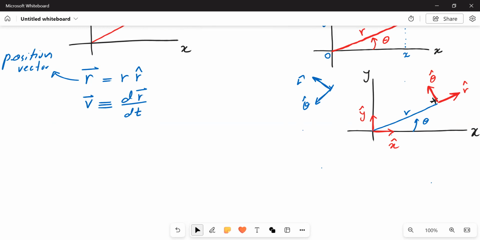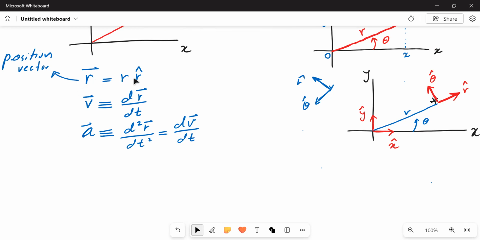If I take the second derivative of the position vector, I would end up with acceleration. So acceleration is also defined as the second time derivative of the position vector, or in other words, the first time derivative of the velocity vector. Okay, so these are the dynamical variables that we're going to study.